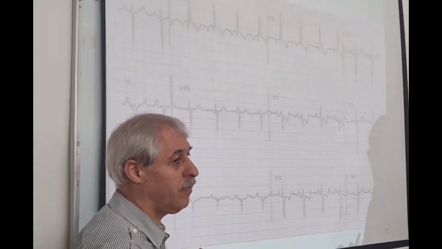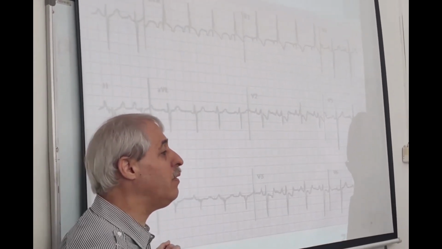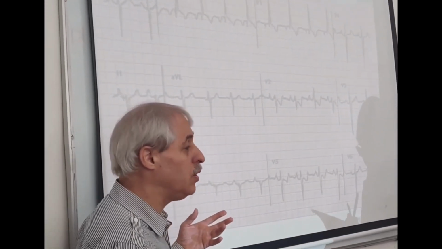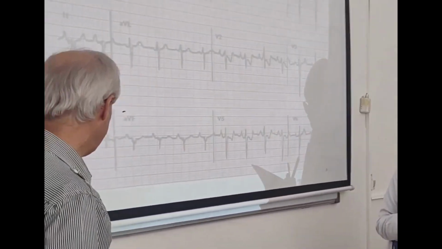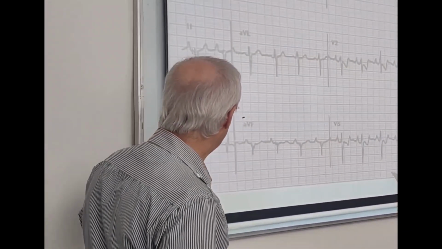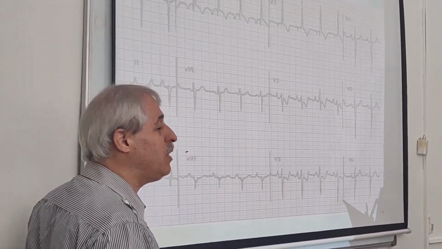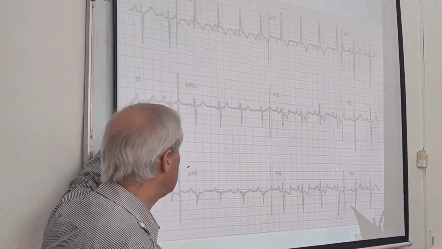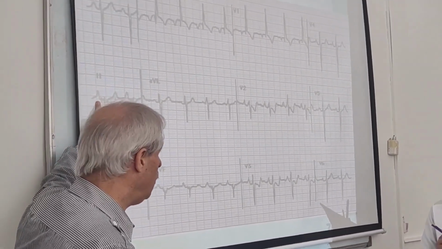The second, we want to see if the rhythm is normal or not. So what should we do? 5 rules. First, in order to have the best P wave, you should refer to lead 2.